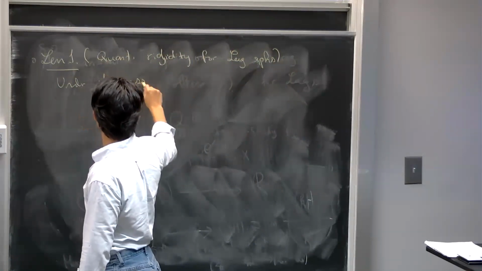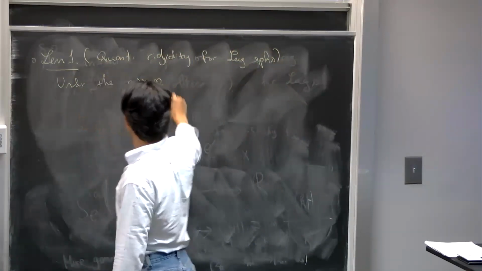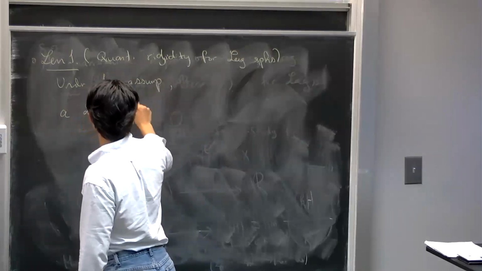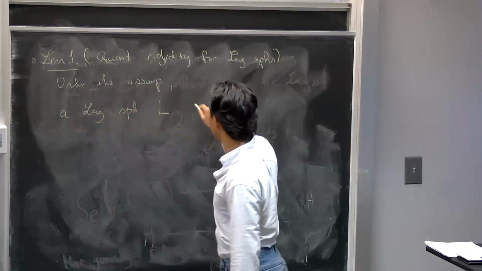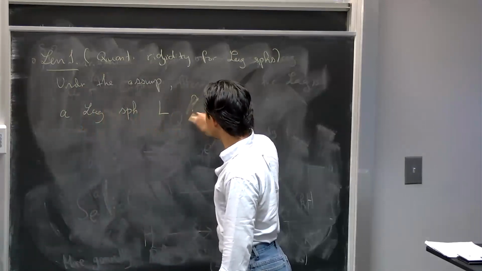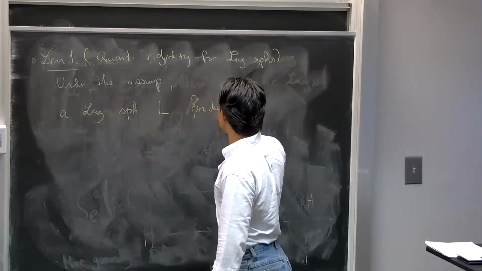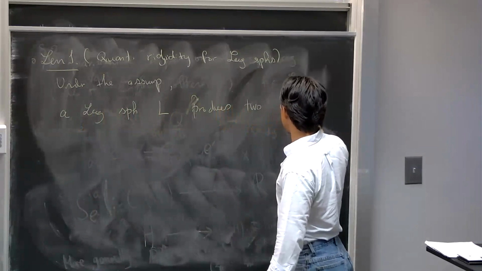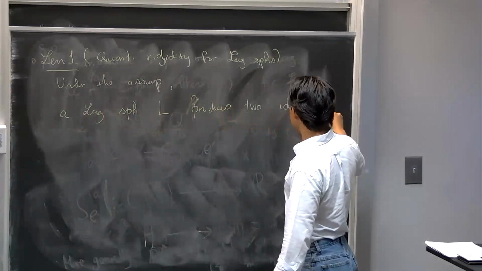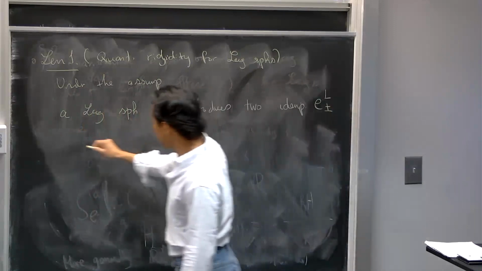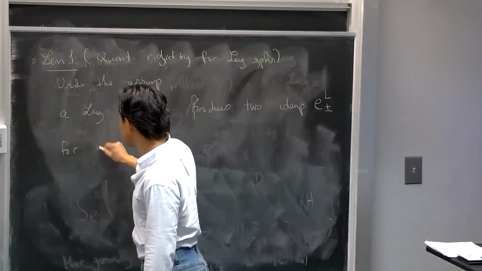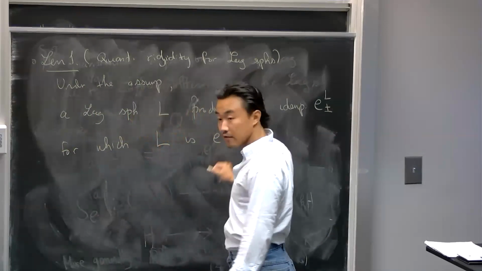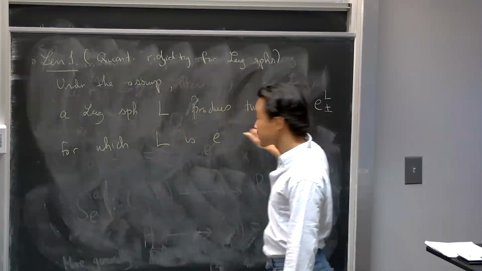of semi-simplicity precisely, a Lagrangian sphere L produces two special idempotents that I'll call e_L plus minus, for which L is super heavy with respect to these two classes.